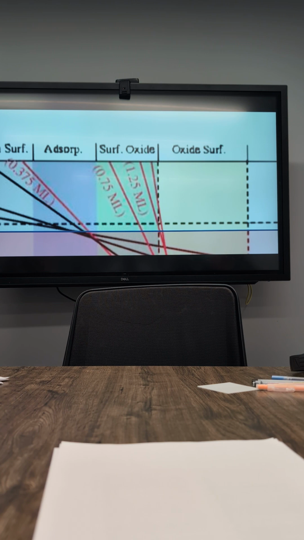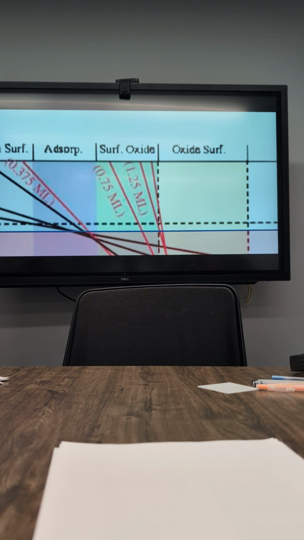I guess oxygen structures that are most relevant. So the adsorption, that's going to be what's in the bulk, kind of in that middle gradient layer. And then the surface oxide, that's going to be kind of the bulk surface oxide. Then they have the oxide surface, the literal surface of the oxide. So the thin surface oxide layer is in between the adsorb and the surface oxide.